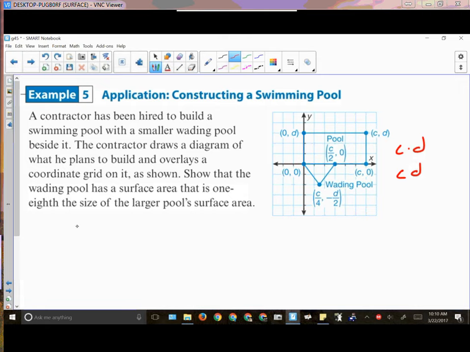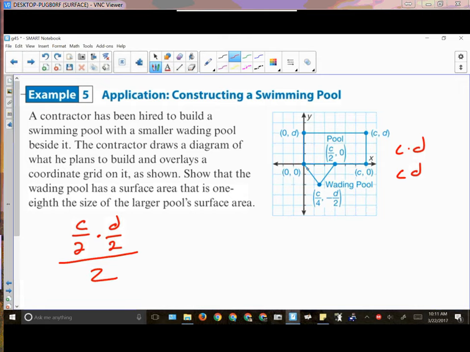Well, that would end up being C over 2 multiplied by the height, which is going to be negative D. Well, I'm not going to put negative in there because that's looking at just distance, times D over 2, or divided by 2, correct?